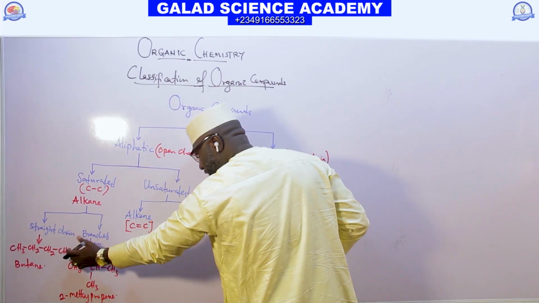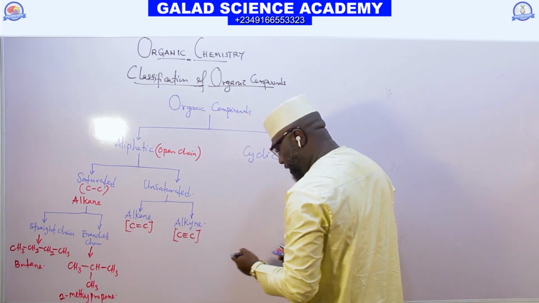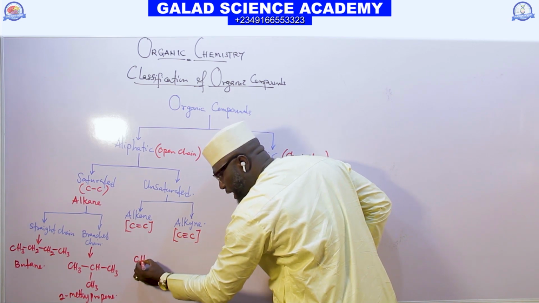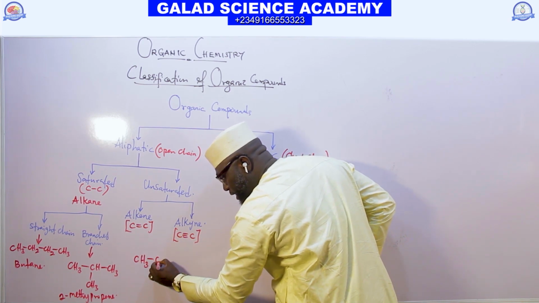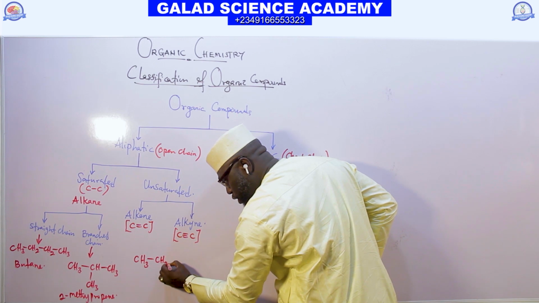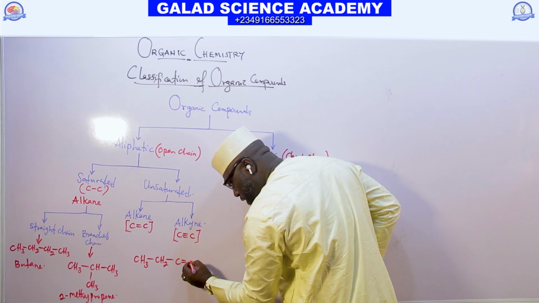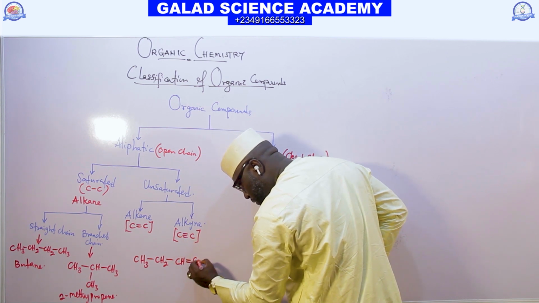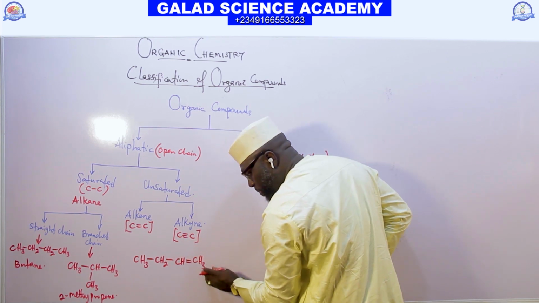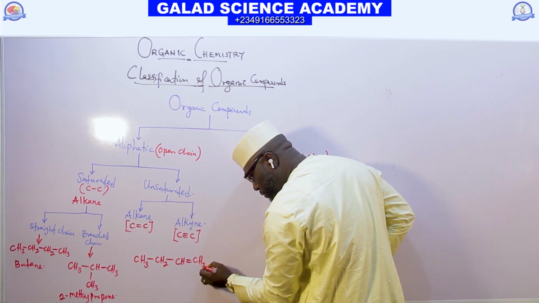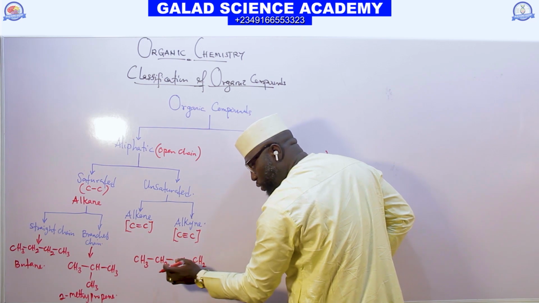Look at this too. If I want to use the same butane here for this compound that has double bonds, we can also have CH3, CH2, C double bond, CH double bond, CH2, CH2. 1, 2, 3, 4.